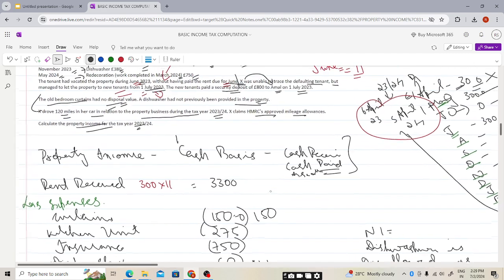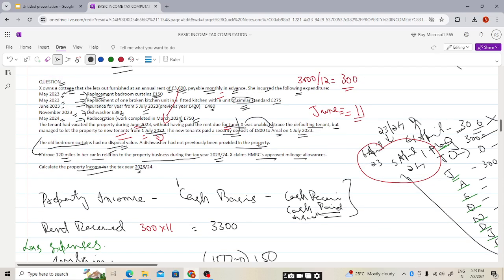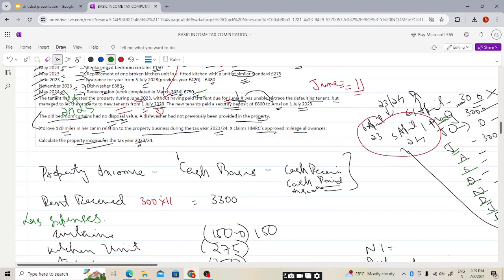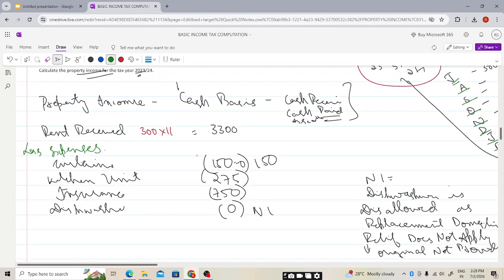Clear with this, students? Then coming to the redecoration expenses. Work completed in March 2024. But when was the payment made, students? It was paid in May 2024. This relates to next year, the 24-25 tax year. So this redecoration expense can't be allowed because it is paid in the next year under the cash basis. What does cash basis say? Whatever we are paying and receiving in that tax year will be calculated.